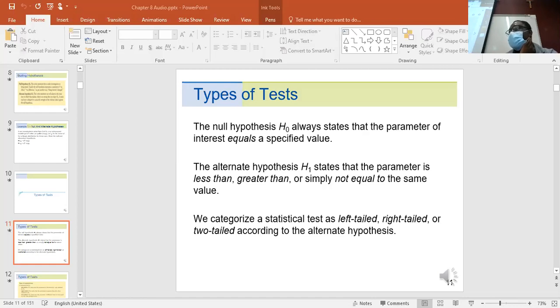No. Do you remember the formula to answer question D? N equals Z alpha over 2 times sigma over E, squared. So you need this, the standard deviation, and the maximum error of estimate.